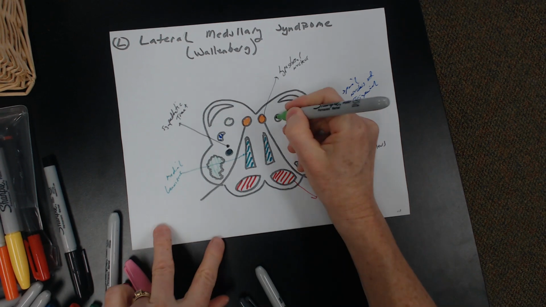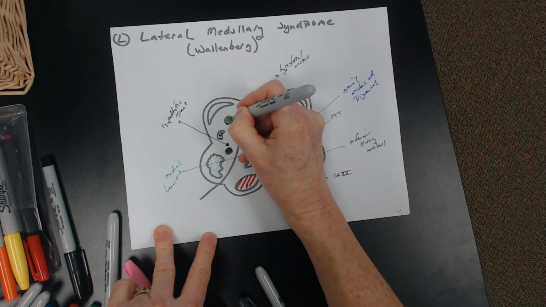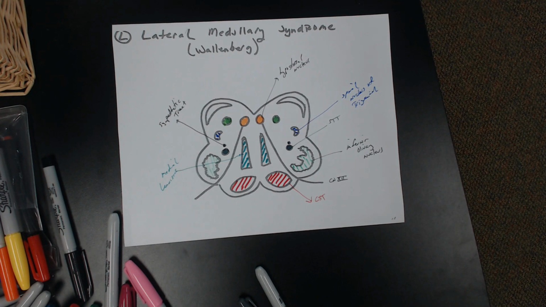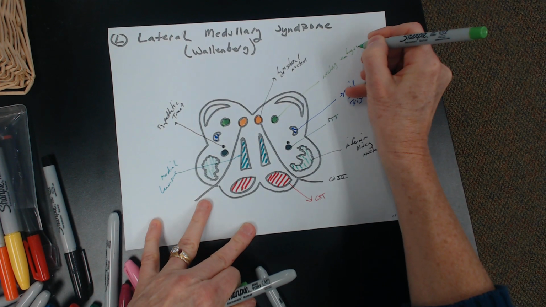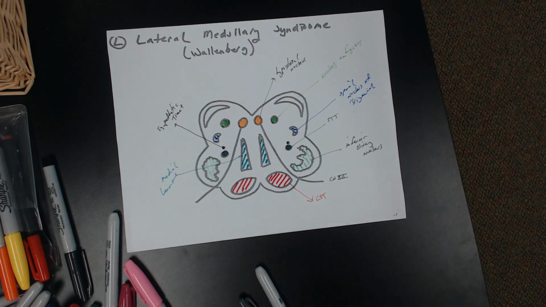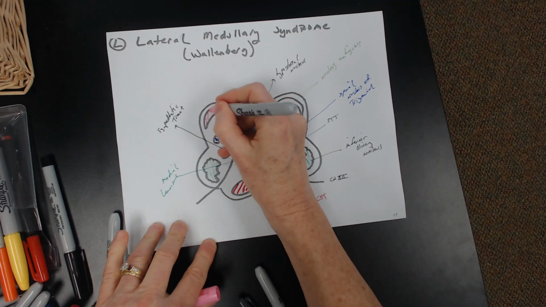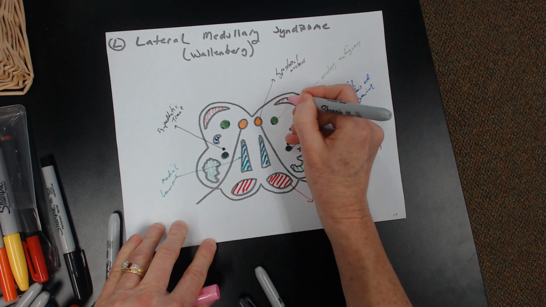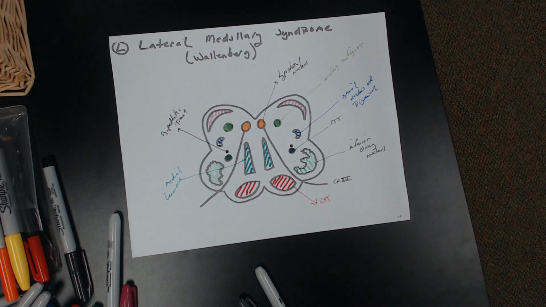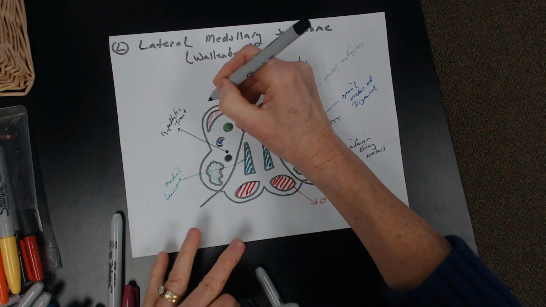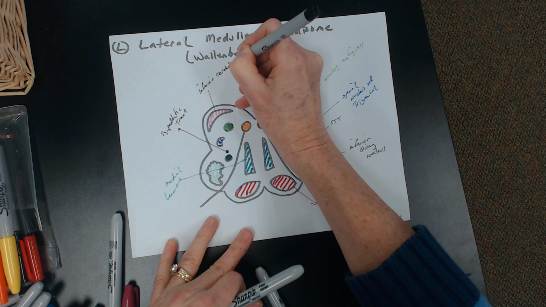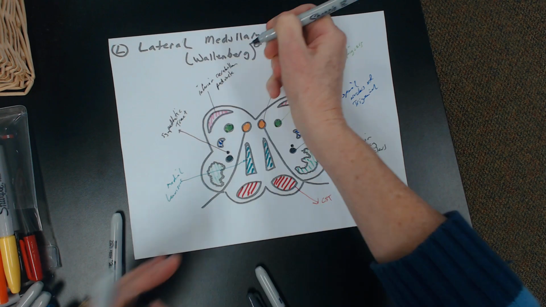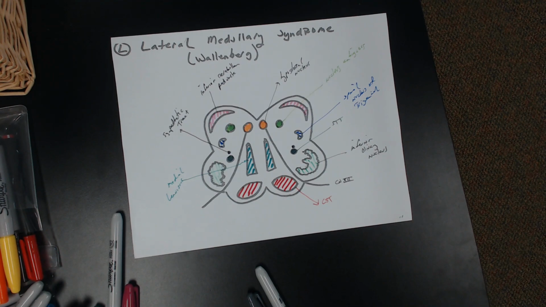Okay, and here is your nucleus ambiguus. And then the last one to label is going to be here. This is your inferior cerebellar peduncle. Okay, same labeling we just did, kind of a review from previous class.